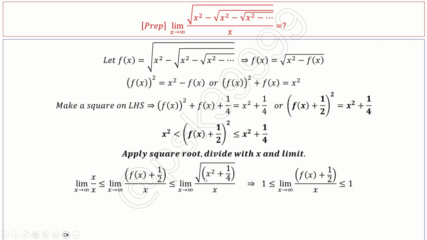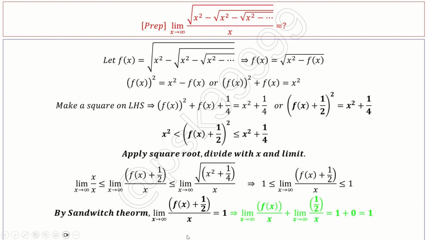If I take this x inside, it becomes square root of 1 plus 1 by 4x square. Since x is tending to infinity, 1 by 4x square will become 0. So this is nothing but square root of 1, which is 1. So the limit of f of x plus 1 by 2 divided by x is between 1 and 1, which means it is 1, by the sandwich theorem.